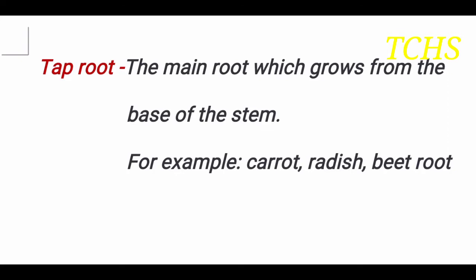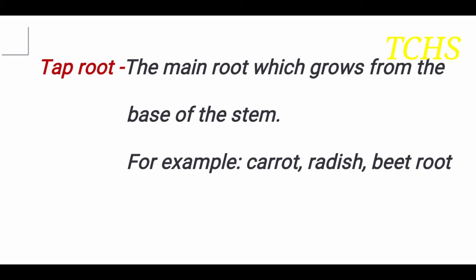Taproot. The main root which grows from the base of the stem into the soil. Many small roots will grow from the main root, and the first root will appear from the seed. Examples are carrot, balsam.